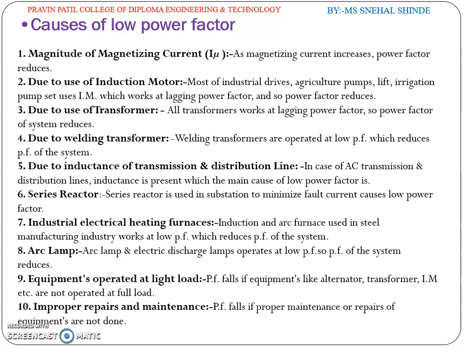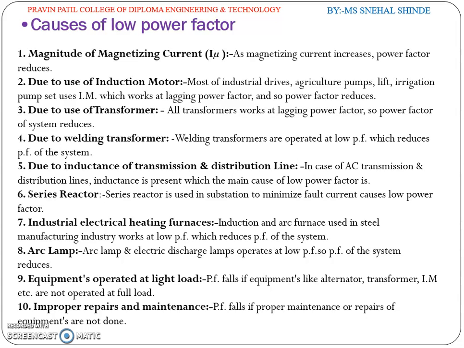Next are the causes of the low power factor. So first is the magnitude of the magnetizing current I mu. As magnetizing current increases, power factor reduces. Second is due to the use of induction motors.